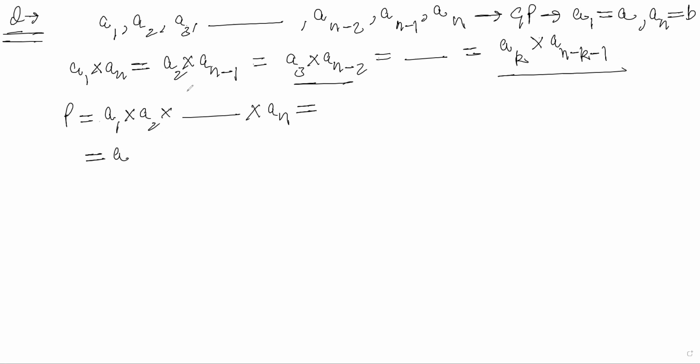अब चलिए A1 लिखते हैं, A1 की वैल्यू तो A है, लेट्स से दिस जीपी का कॉमन रेशियो है R, तो A2 की वैल्यू क्या होगी आयशा? मतलब सेकंड टर्म कैसे बनेगी? फर्स्ट टर्म है A, कॉमन रेशियो है R, व्हाट शुड बी द सेकंड टर्म? AR. What should be the third term?